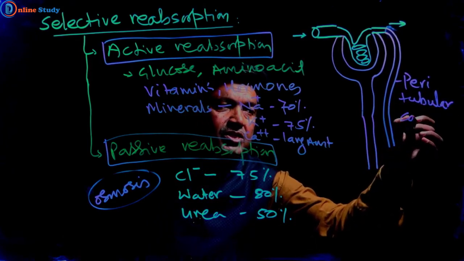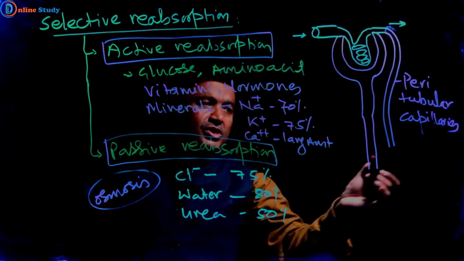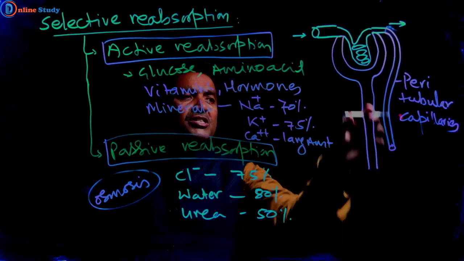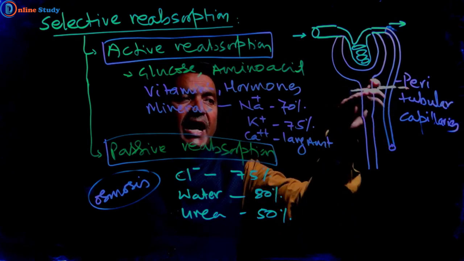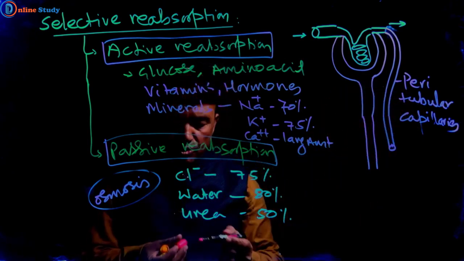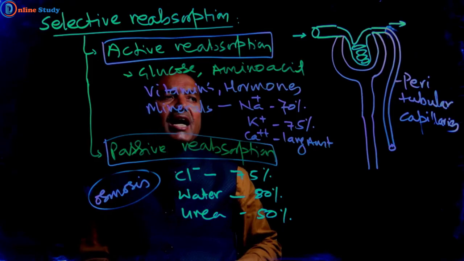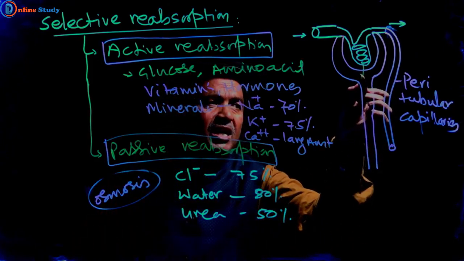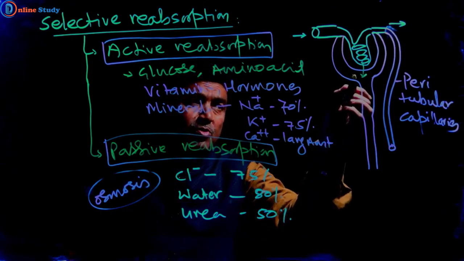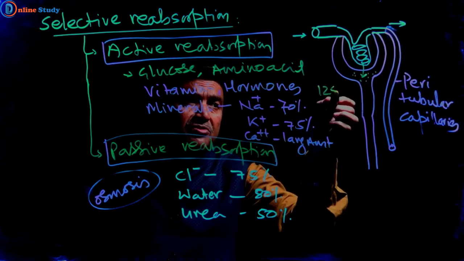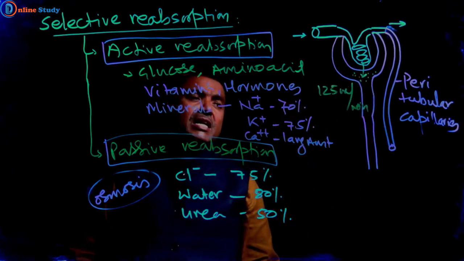These peritubular capillaries surround the PCT, loop of Henle, and DCT. And we have already discussed that here 125 ml filtrate is formed per minute.